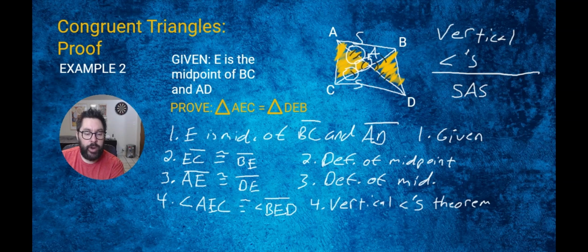So we can now write our final step of our proof. We've got all the information we need, so we can wrap this up. We're just going to copy down what we have to prove. Triangle AEC is congruent to triangle DEB.